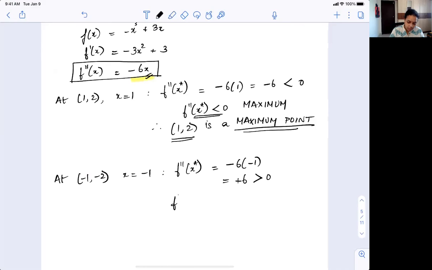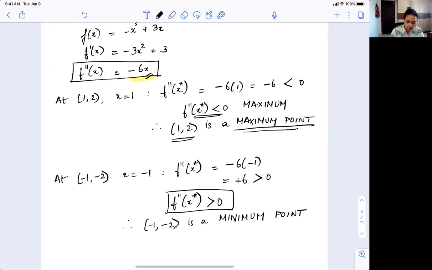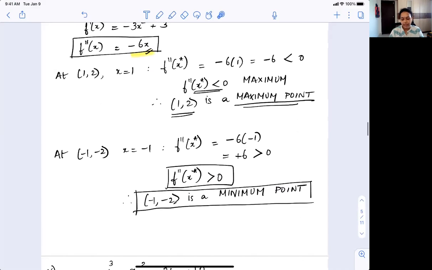So f double prime of x at the point minus 1, minus 2 is positive, which tells me that this particular point is a minimum point. That's because at that point, the function is convex, which is given by the second derivative being positive. And therefore, we have a minimum point here.